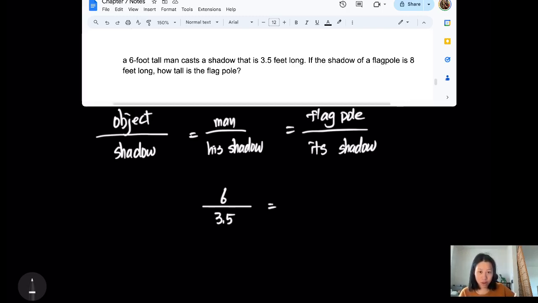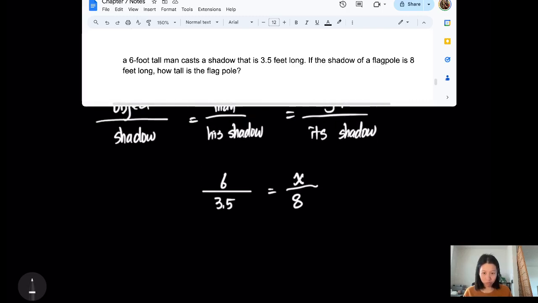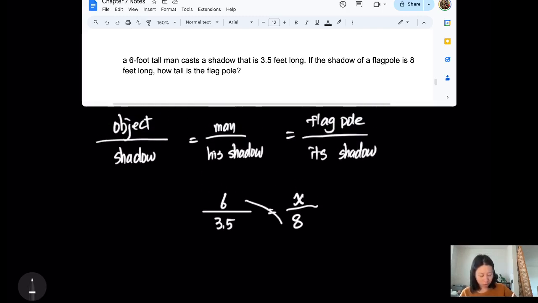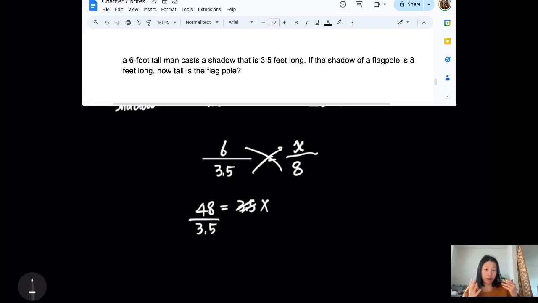And for the flagpole, we don't know. If something is unknown, we will put an x. And the shadow of the flagpole is 8. So here is the proportion. We just need to cross product to multiply it. So I have 48 equals 3.5x, and then divided by 3.5, I will solve for the height of the flagpole.